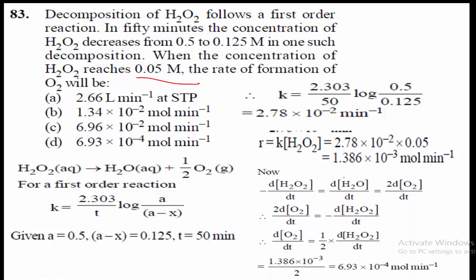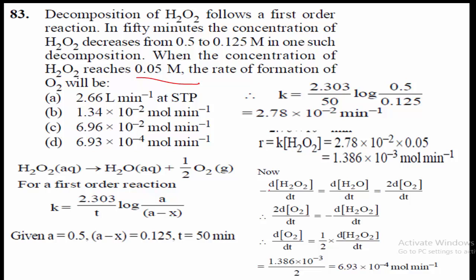Then write the rate equation for this reaction, that is decomposition of hydrogen peroxide, which can be given as minus d concentration of H2O2 divided by dt is equal to d concentration of H2O divided by dt, and change in concentration of oxygen divided by dt.